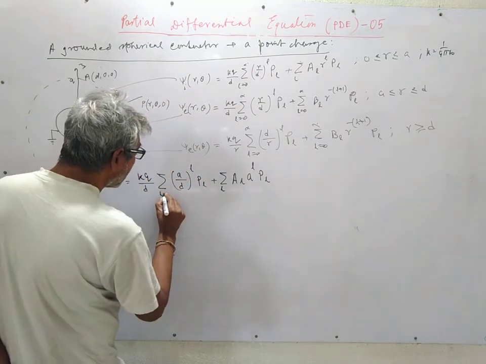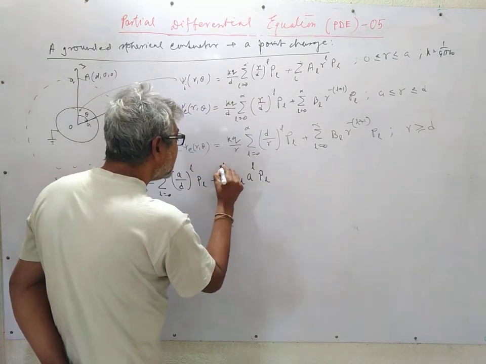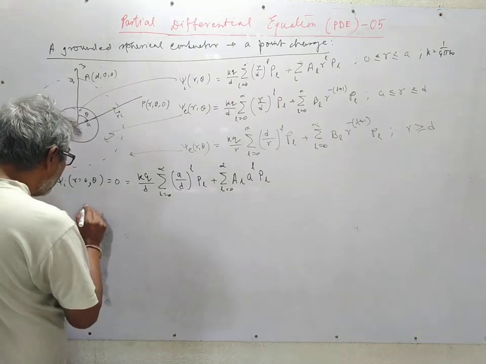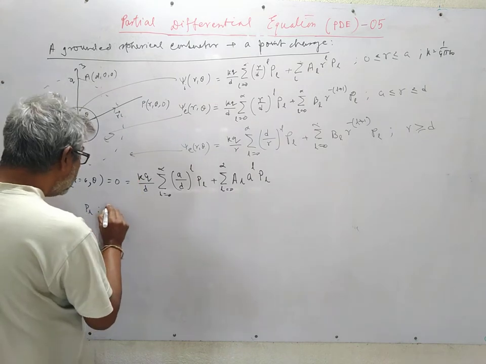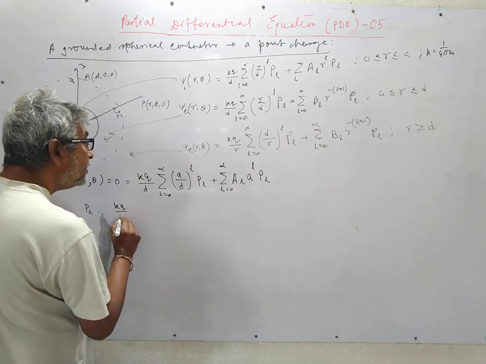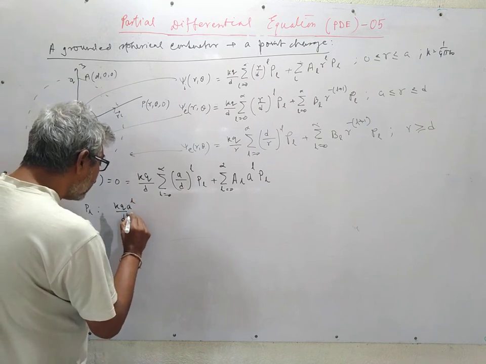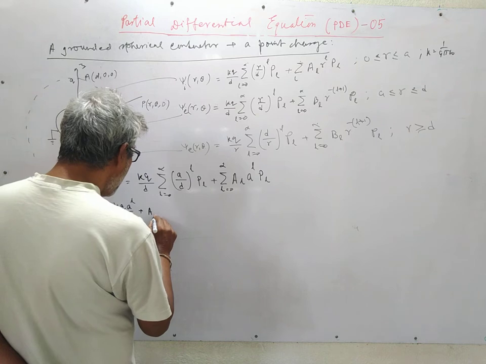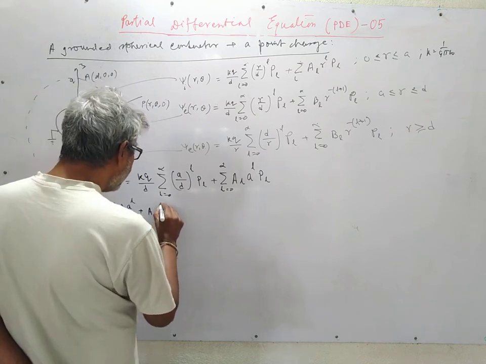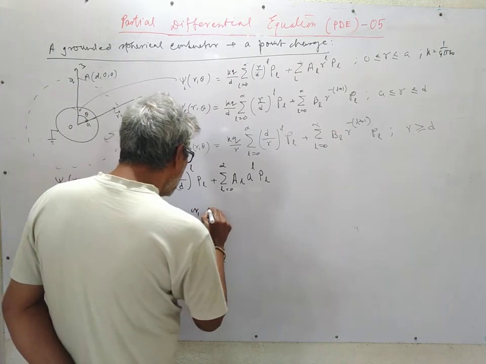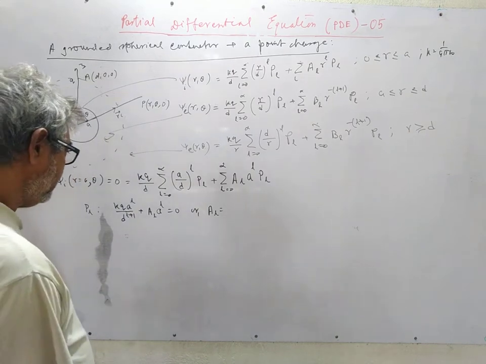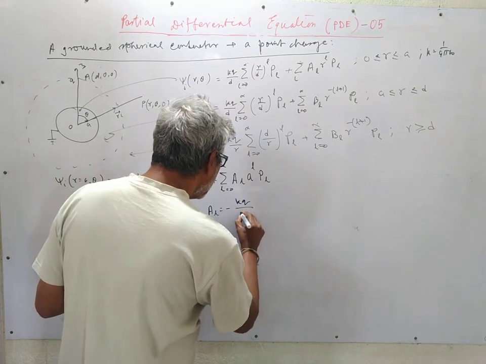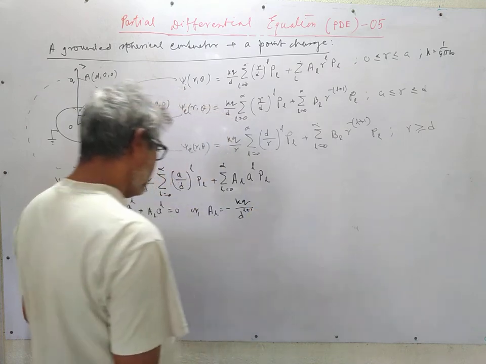The sum always extends from 0 to infinity, and this result is valid for all values of theta, that is, it is an identity in PL, and the coefficient of PL of cos theta gives you KQ a to the power L by d to the power L plus 1, plus AL a to the power L is equal to 0, or AL is equal to minus KQ a to the power L by d to the power L plus 1 times a to the power 2L plus 1.